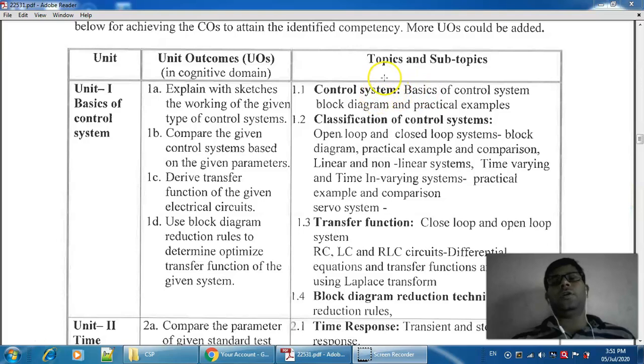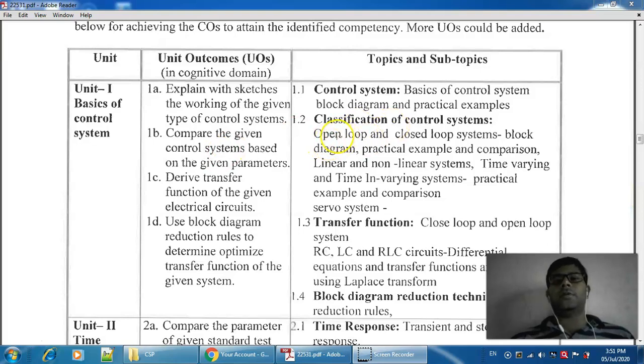After learning this block diagram and practical examples of control systems, you will be able to explain and draw the sketch of control systems and their working. The second objective is to compare the given control systems based on a given parameter.